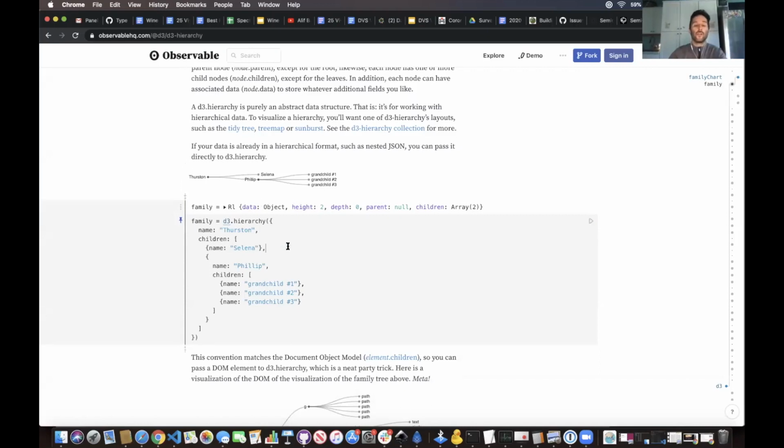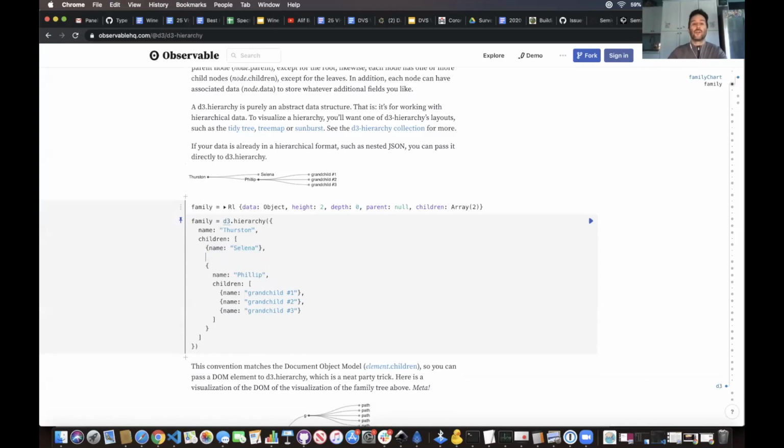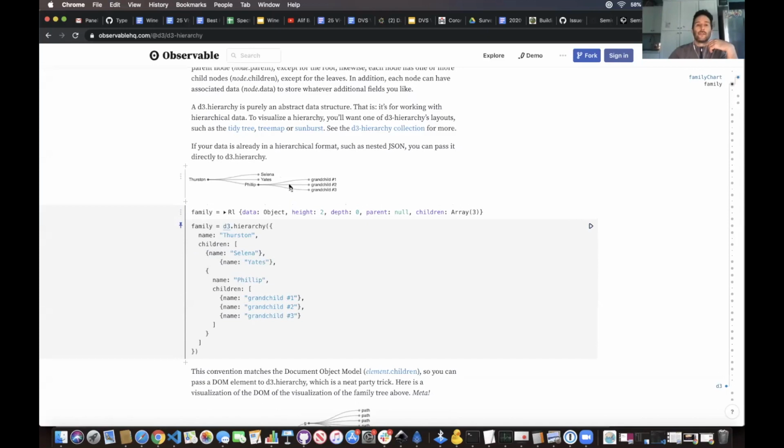If you want, you can take this block of code here, and this is what's called an object. These curly brackets designate an object. It has a property called name. You can copy it and paste it. You can change the name to another child of your grandparents. My grandparents had a few kids. So Yates was another one. And then if I hit play, I'll see that now Yates shows up there, and I can add another one.